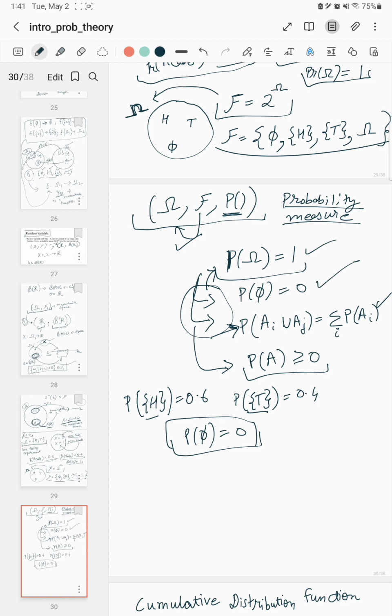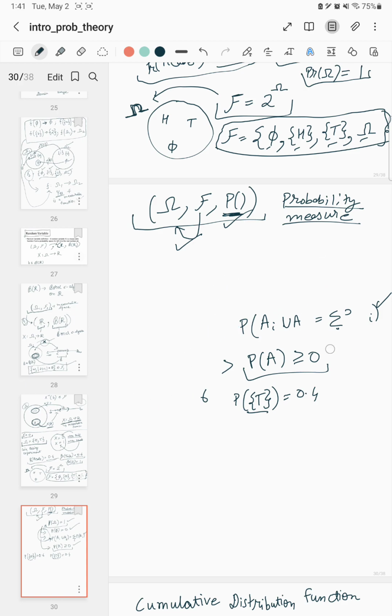And we have checked each element of the sigma algebra F, and if you apply the probability measure on each of its elements of F, all of them are greater than or equal to 0, hence this is also valid. So in this case the probability measure is a valid probability measure.